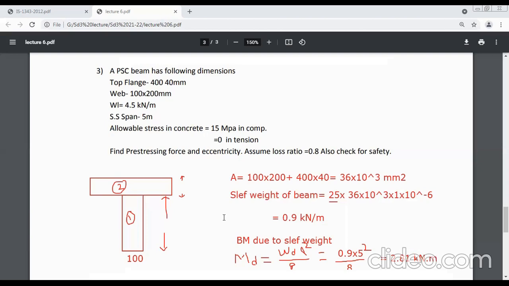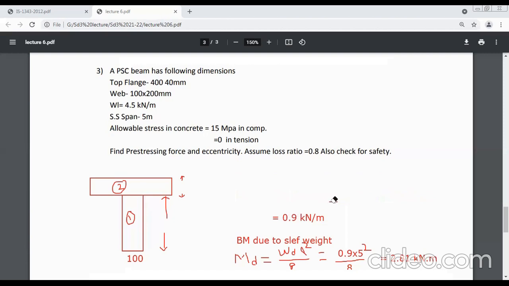Total load means including live load. Write down the bending moment due to total load.